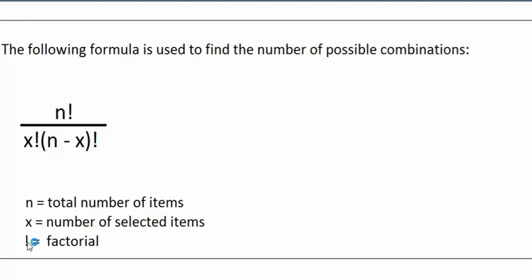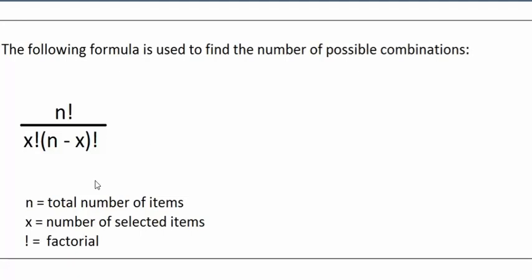This exclamation point is factorial, which is something you might have seen before in a different class, but I'll explain what it is quickly. The factorial sign means you multiply all numbers from that number down to 1.